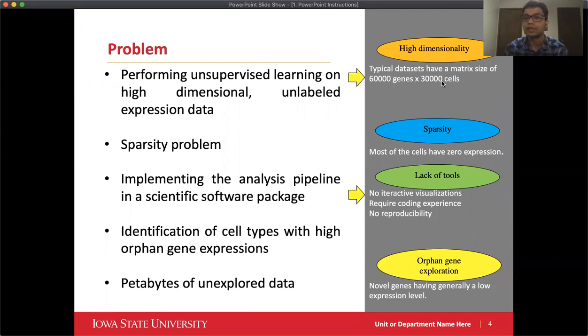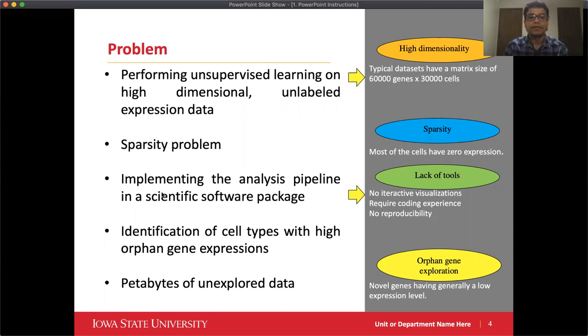So the matrix is quite large, and so it suffers from high dimensionality, and we cannot visualize such high dimensional data. And performing computation on such high dimensional data requires resources as well. And the data also suffers from a sparsity problem, as we've seen earlier. Most of the matrix is zeros, and so it requires some cleaning and preprocessing before we can analyze it.